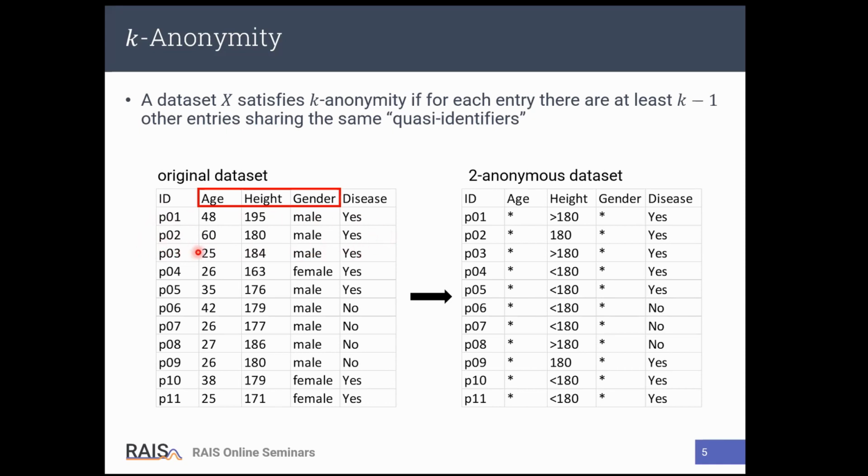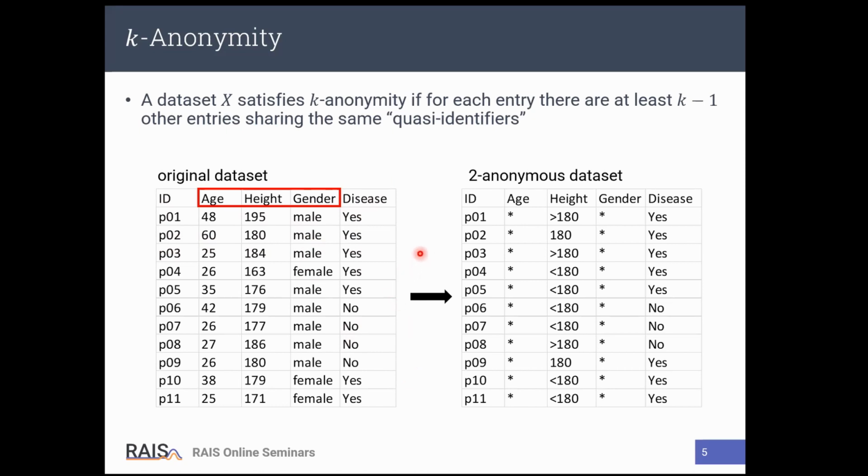So we can re-identify Bob and tell that Bob is PO2. Once we have done that, we are able to infer additional information about Bob. For example, in this dataset, we are able to tell that Bob has some disease that is stored in this column.